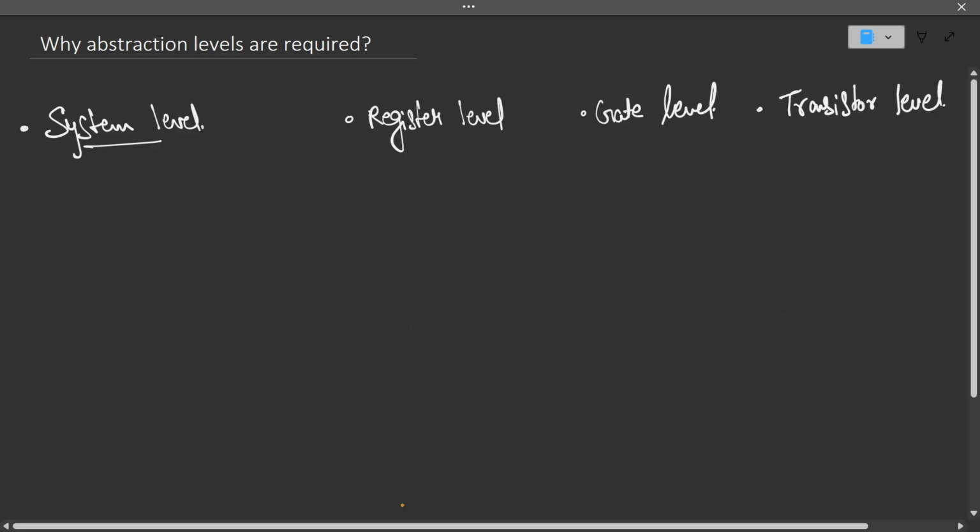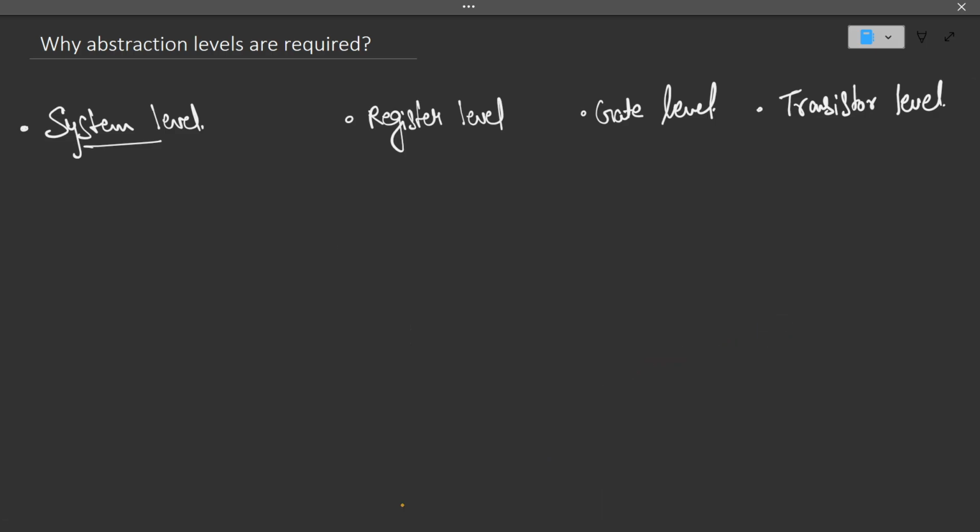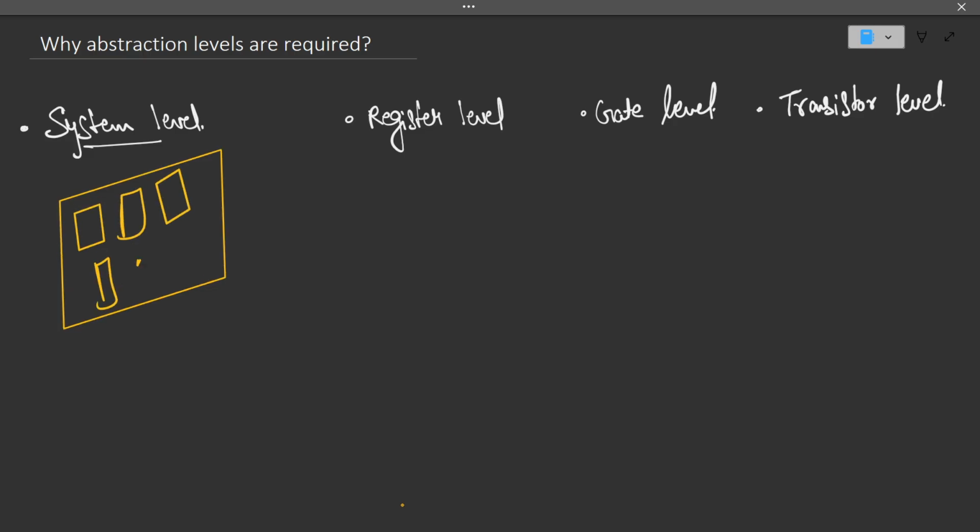So now moving ahead, why are abstraction levels actually required, why are we differentiating between transistor level, gate level, data flow level and behavioral level? What happens is some companies might be operating at the system level. For example, let us say we have the motherboards directly, we have the ICs. Some of the companies are interested in directly importing these ICs and making their boards directly.